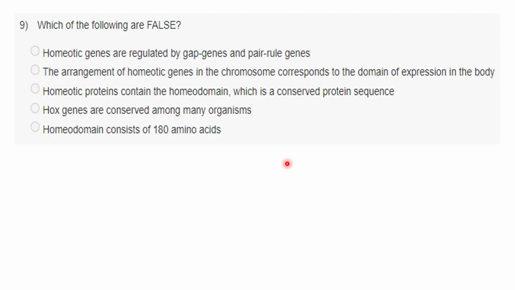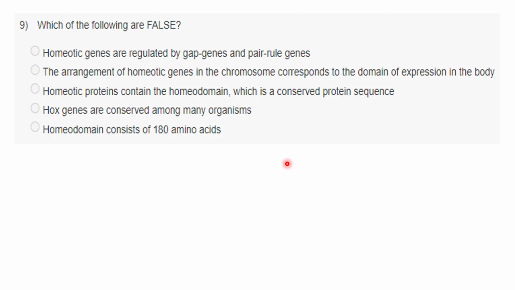We are moving on to the 9th question. Which of the following are false? Again a true false question. Homeotic genes are regulated by gap genes and pair rule genes. The arrangement of homeotic genes in a chromosome corresponds to the domain of expression in the body.